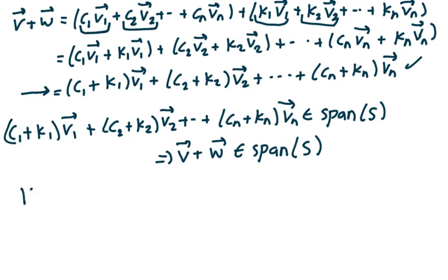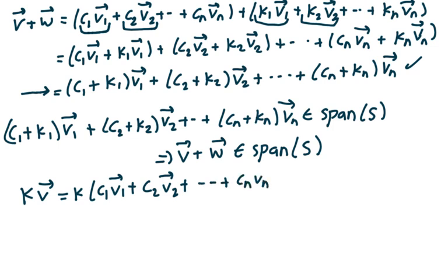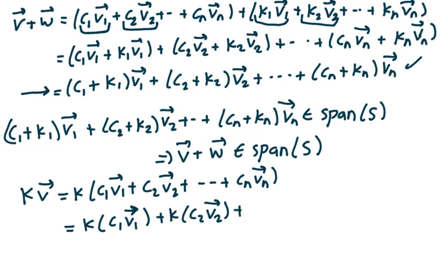Now, if I look at kv, this is k times (c1v1 plus c2v2 plus all the way through until cnvn), right? Distribute the k. So this is k times c1v1 plus k times c2v2 plus all the way through until k times cnvn.